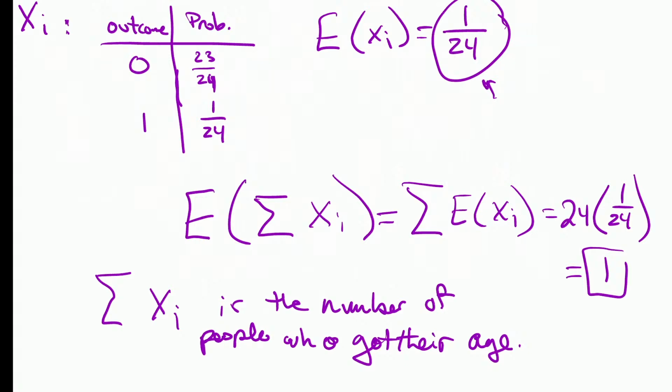Everyone could be 19, everyone could be different ages. We could have people from age 1 up to 24 even, and it's the same expected value no matter what people's ages are. It's always going to be just one person on average. On average, one person will get their age.